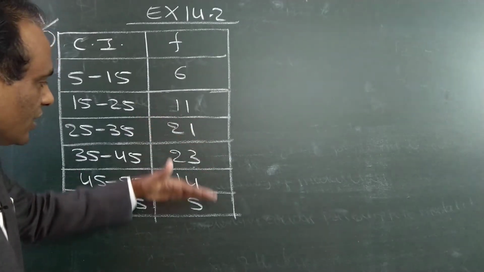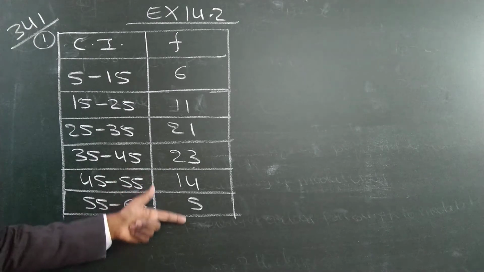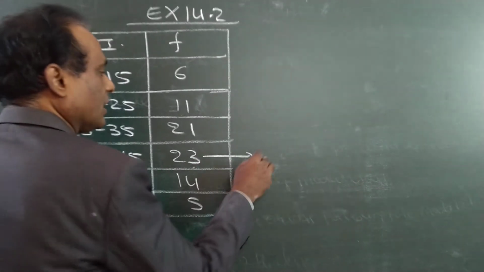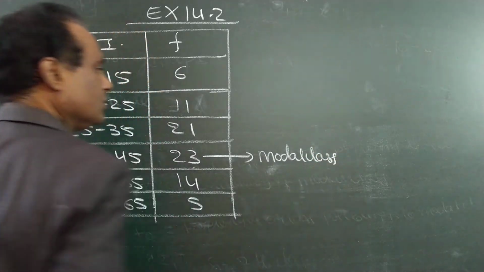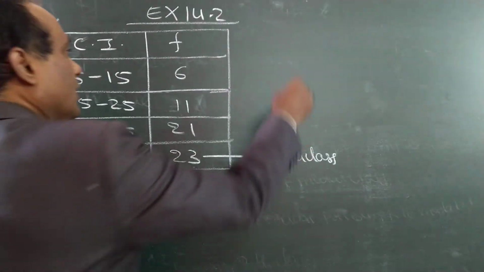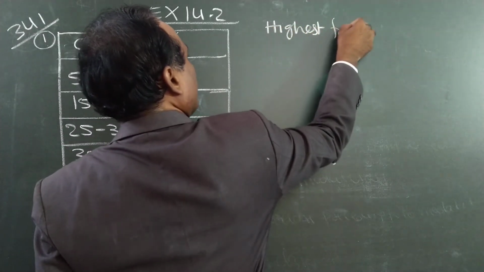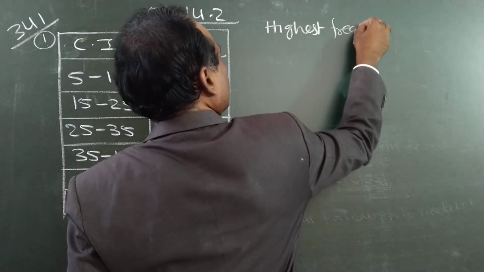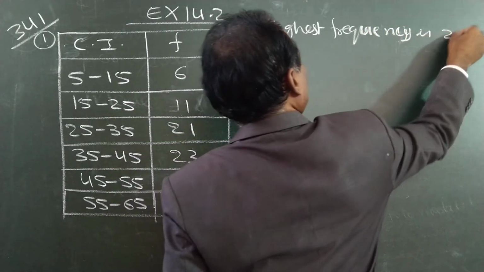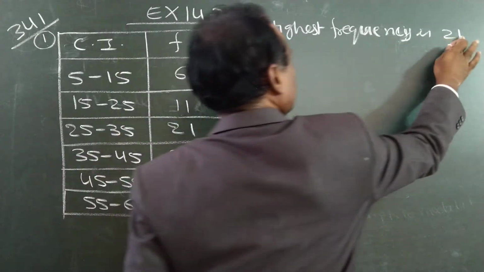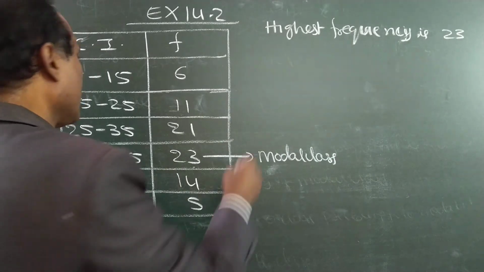Highest frequency. Which is the highest frequency? 6, 11, 21, 23, 14, 5. This is the highest frequency, and this is called the modal class. Write down: highest frequency is 23.